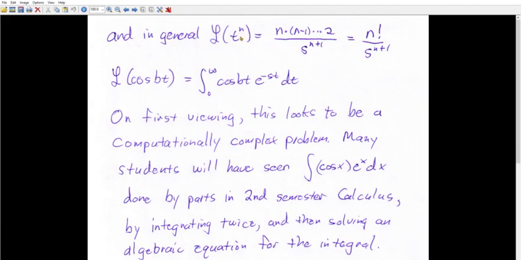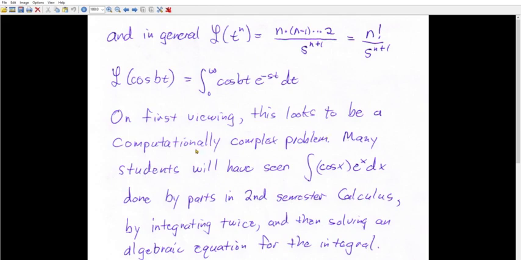Now we're going to look at the Laplace transform of the cosine of bt, which is the integral from 0 to infinity of cosine bt e to the minus st dt. Now, on first viewing, this looks to be a really computationally complex problem.